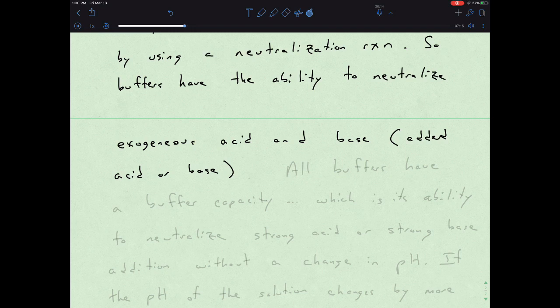So what the cell has is this buffered system in order to maintain the cell's lifetime, that even though we have these proton waves or proton bursts within the cell, if you will, that the cell doesn't allow that to really screw up all of the mechanics that are operating in the cell. It has the ability to neutralize that extra acid or extra base, that exogenous acid or exogenous base that's actually being produced.